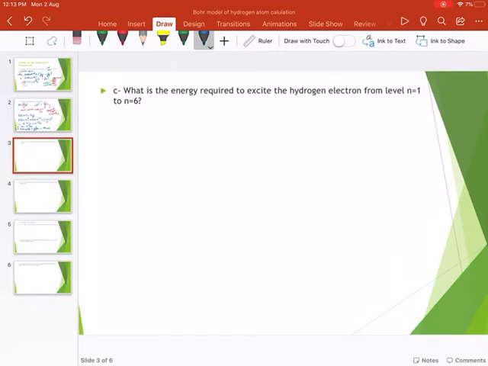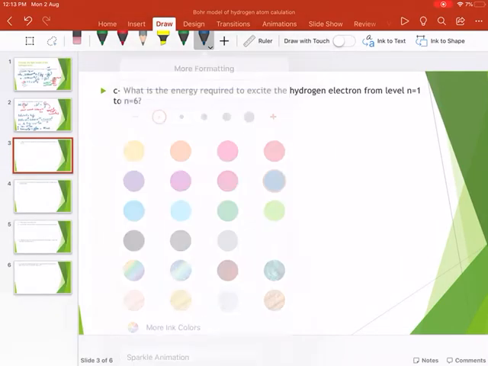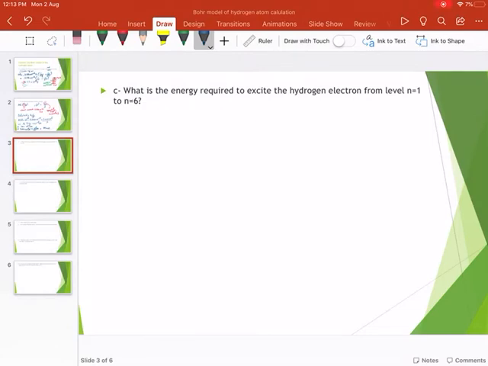Moving to part C, what is the energy required? Again, asking about the energy. What is the energy required, delta E equals how much, to excite the hydrogen electron from n equals 1, so this is the initial, to n equals 6, this will be the final. Again, the same formula for the Bohr model.